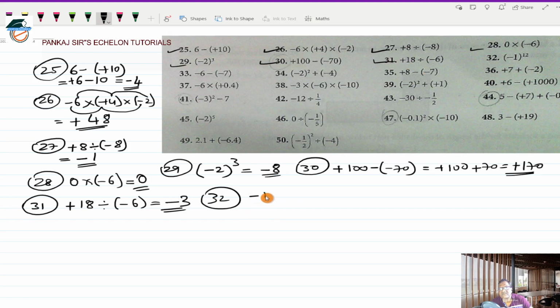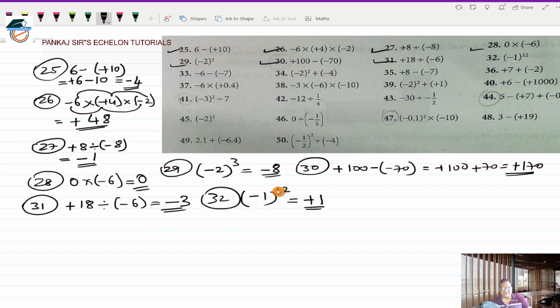32. It's (minus 1) whole raised to 12. This also I told you, these fundamental concepts should be on your fingertips. Minus 1 raised to an even number will always give the answer plus 1, and minus 1 raised to any odd number will give you the answer minus 1.